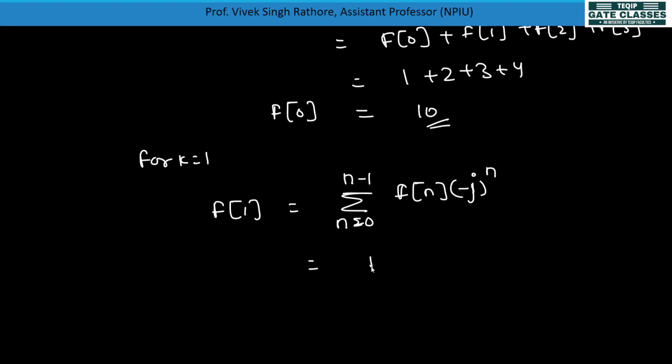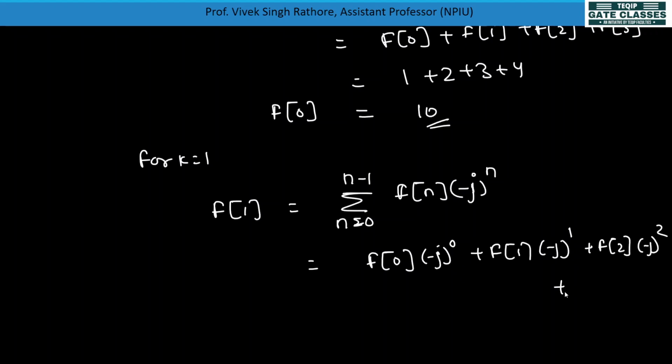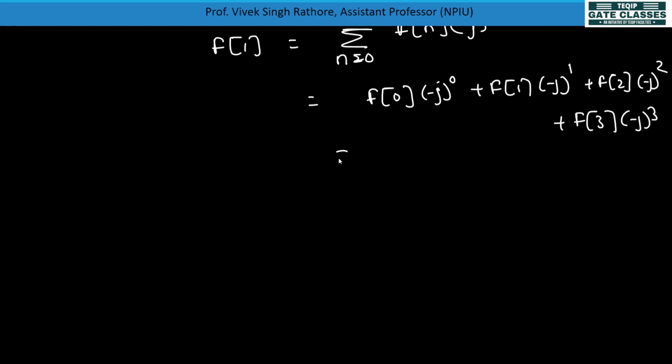So you get f of 0 times minus j to the power 0, plus f of 1 times minus j to the power 1, plus f of 2 times minus j to the power 2, plus f of 3 times minus j to the power 3. Ultimately I will write the direct answer: minus 2 plus 2j. You can solve it.